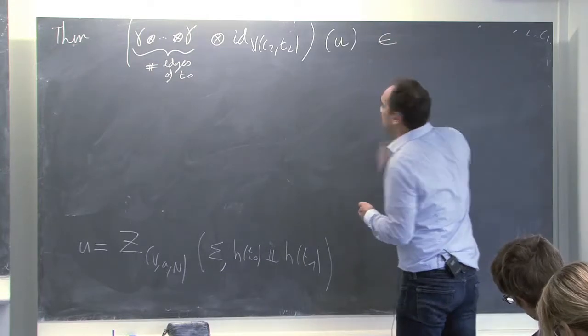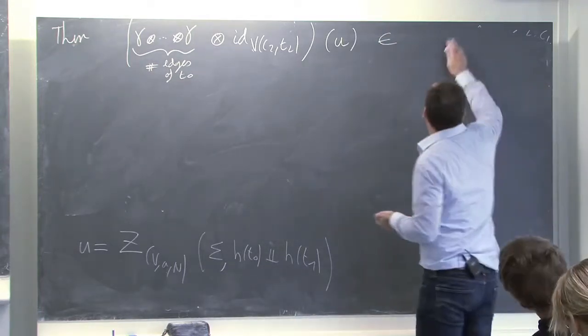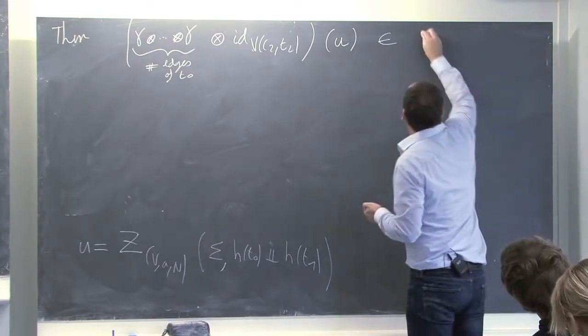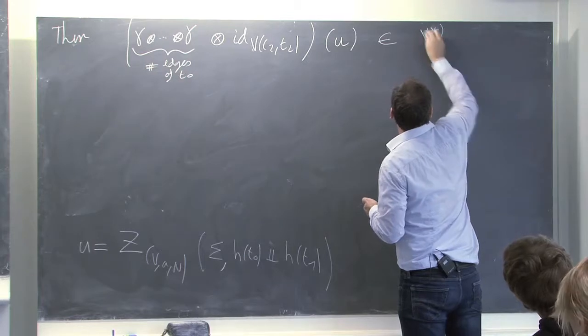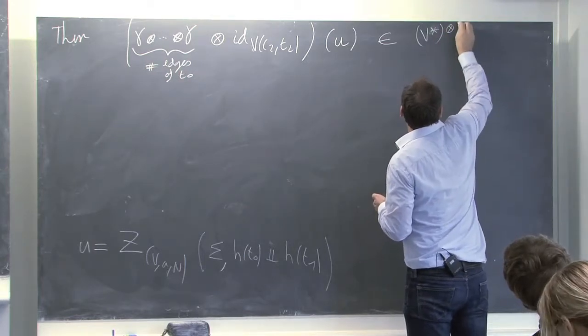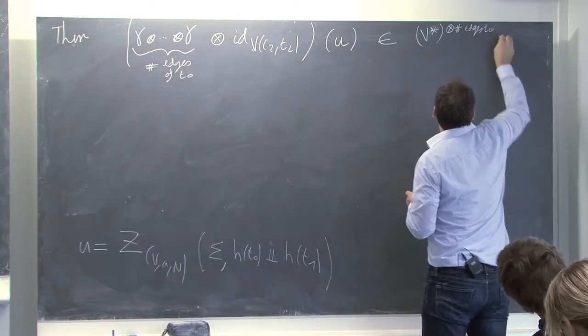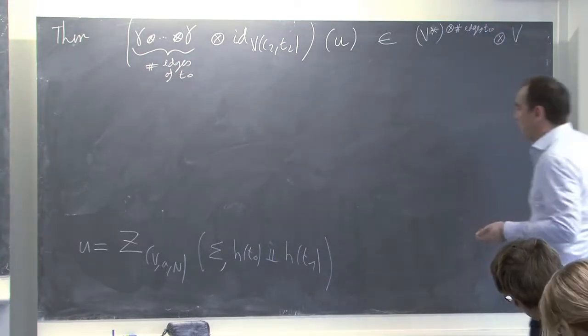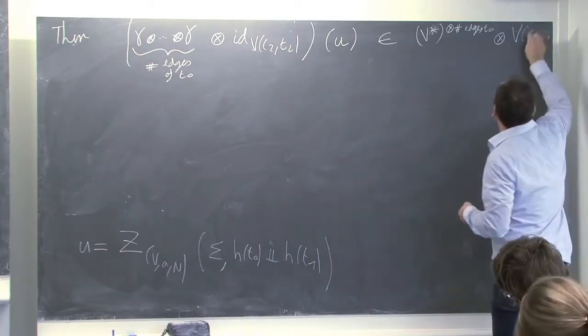It belongs to the dual of V times the number of edges of T0 times V of C1, T1.